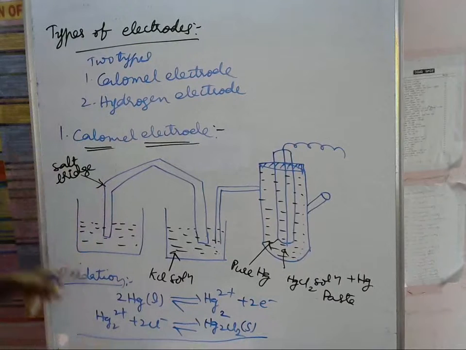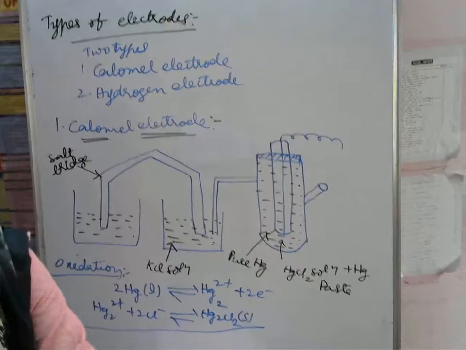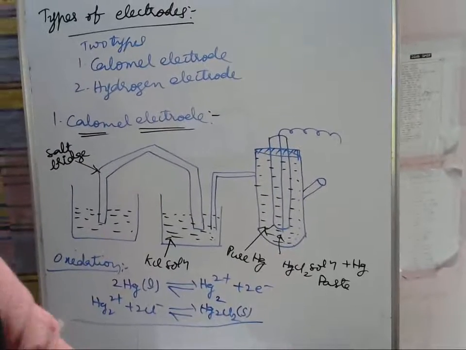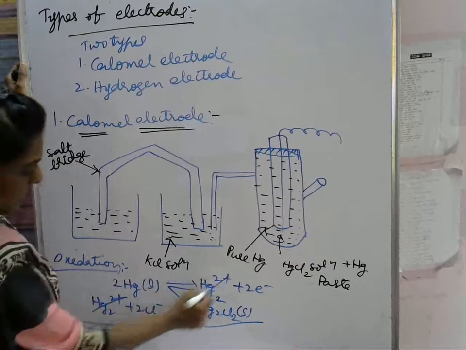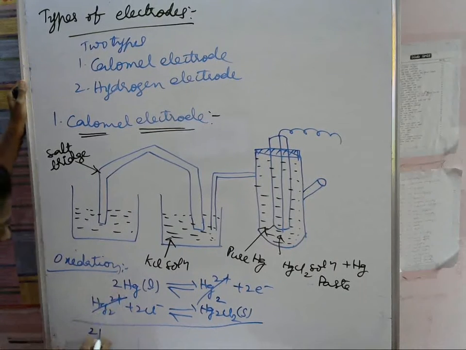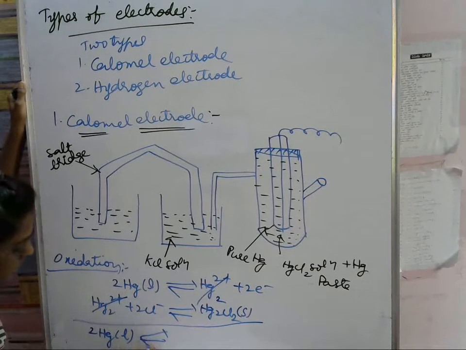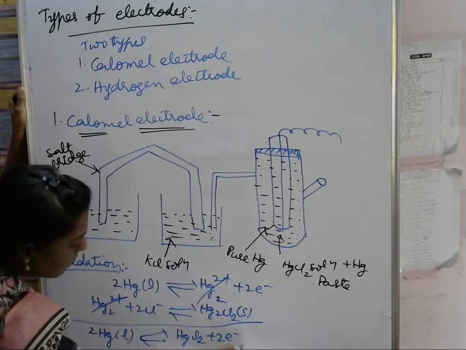So let's see the net reaction for this one. The Hg2 2+ gets cancelled, and what we get here is 2 Hg liquid giving Hg2Cl2 plus 2 electrons.